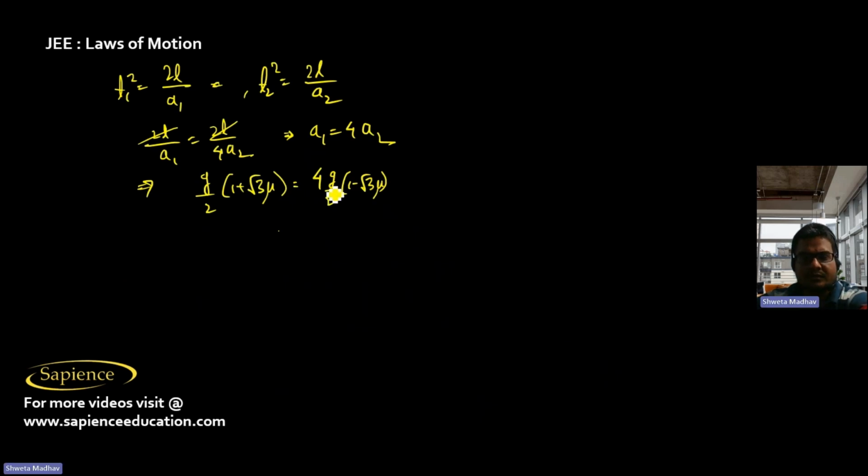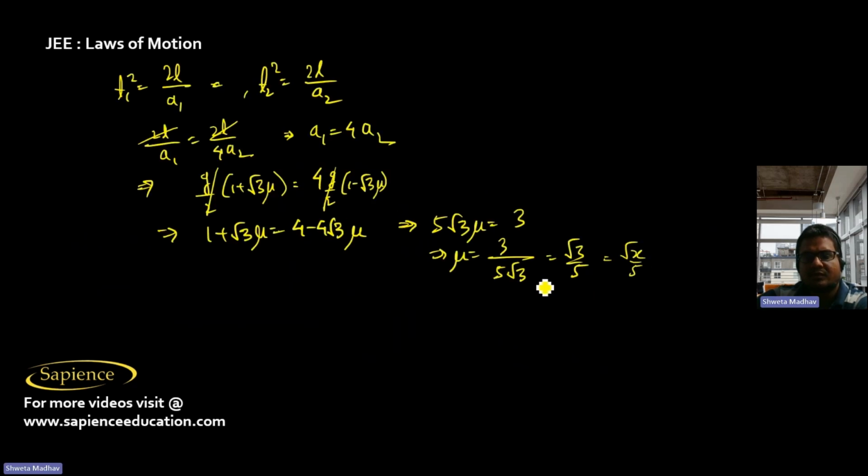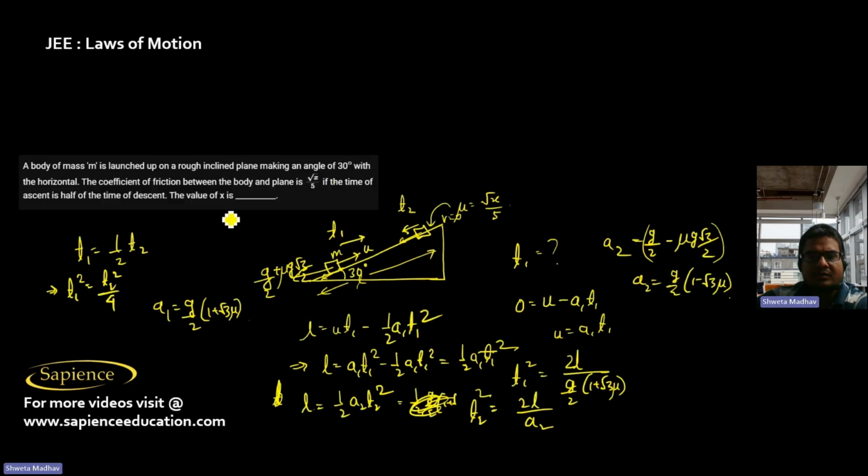You can cancel G by 2 on both sides. Then 1 plus root 3 mu equals 4 minus 4 root 3 mu. Therefore 4 root 3 mu plus root 3 mu, that is 5 root 3 mu, equals 4 minus 1, that is 3. Therefore mu equals 3 by 5 root 3, which is root 3 by 5, equal to root x by 5. So x equals 3, the value of x is 3.